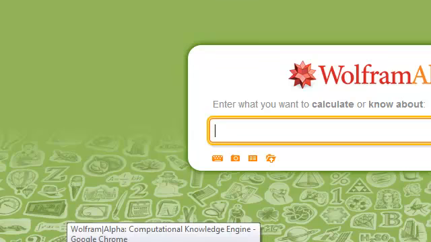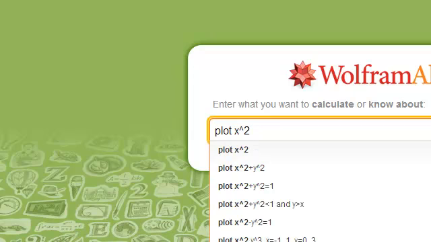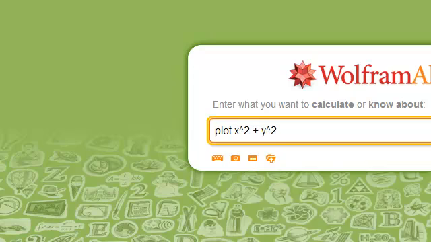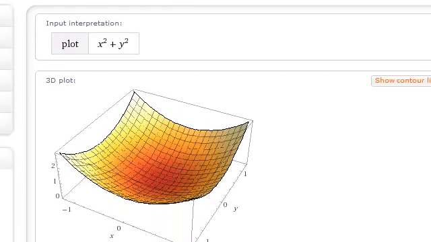So let's plot this in Wolfram Alpha. Just write plot x squared, which is x with a hat and square, plus y hat square, and press enter, and that will give us this nice plot of this function.